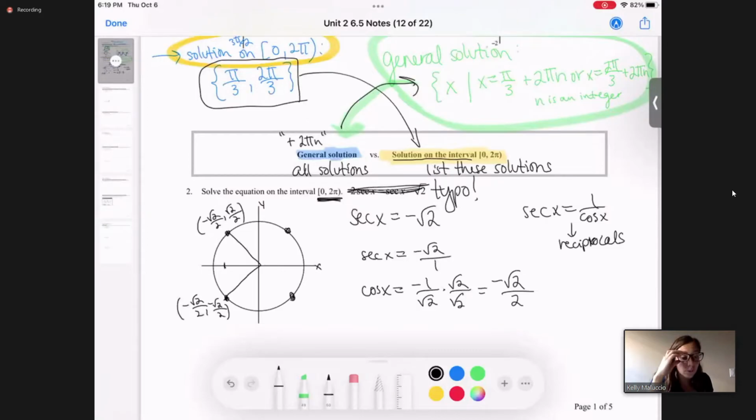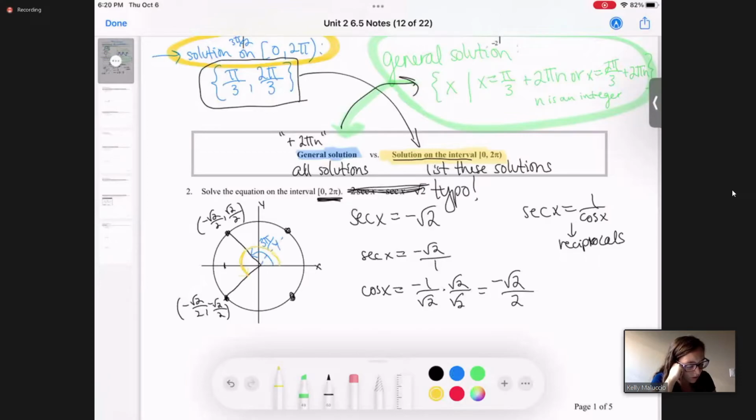I want these 2 points, which means these 2 angles. If this was pi over 4, the dotted line, then this one is 3 pi over 4. If we keep going, 4 pi over 4, and then we add another one, so it's 5 pi over 4.